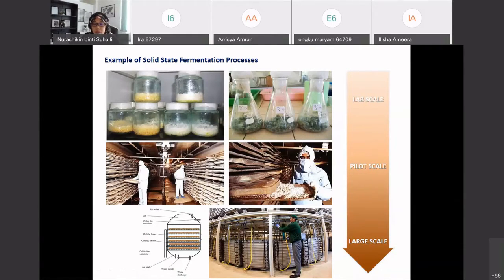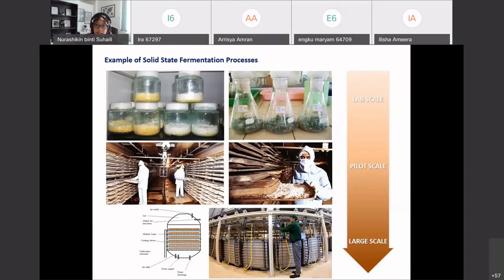The reason why we don't jump directly to large scale is that we do not know yet what is best for the cultivation. And in terms of material, it would be a waste if you don't ferment correctly, and everything will be wasted.